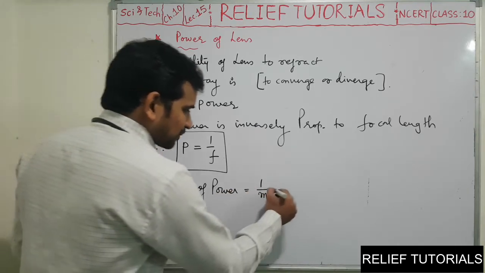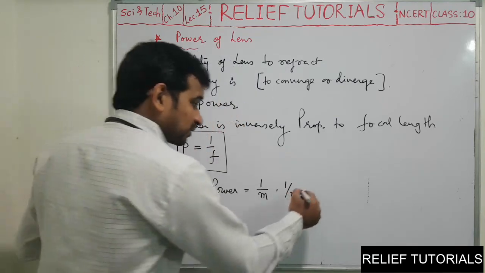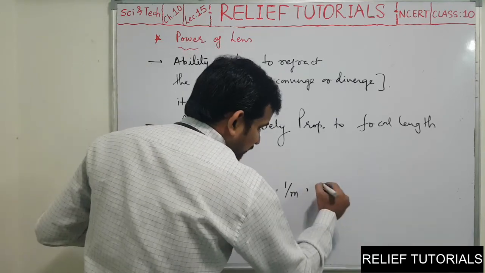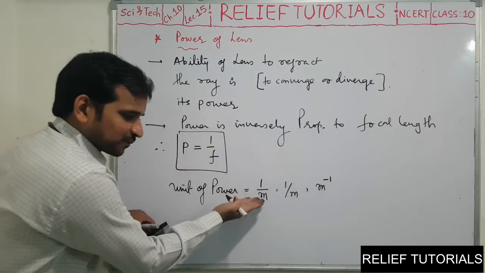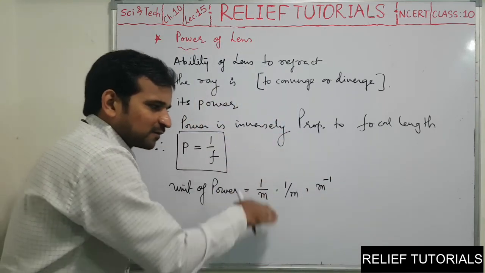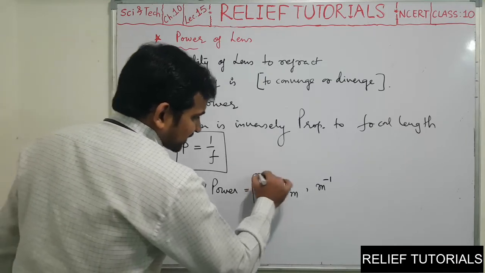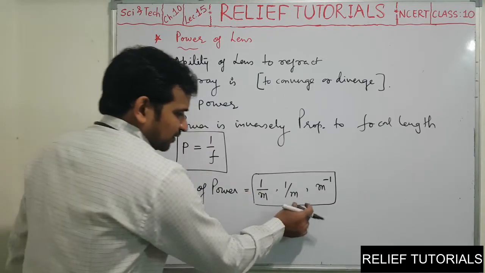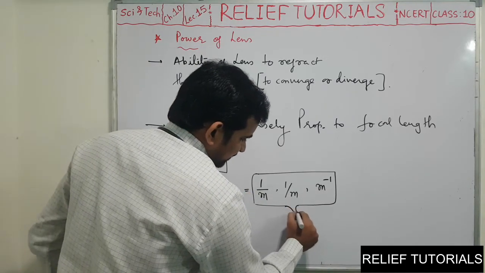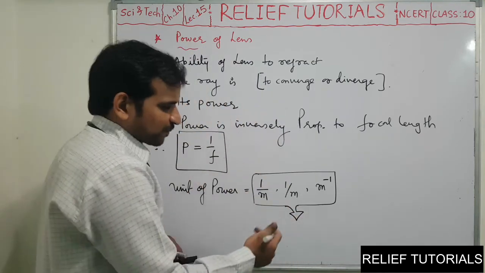You can write this 1 by meter in this way also, meter raised to minus 1. If you take this meter in the numerator, the sign of the power will be changed. So this is the way we can represent the unit of power. But this is replaced when we solve numericals.